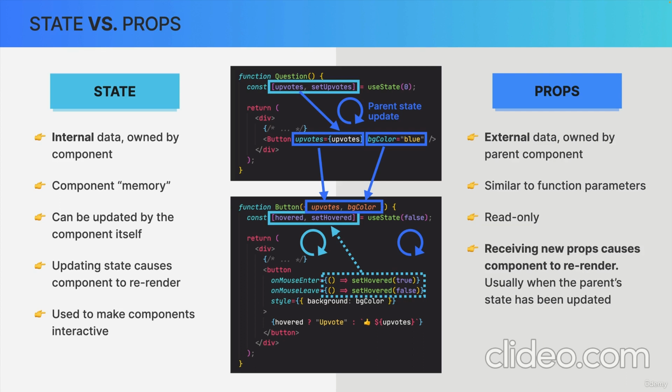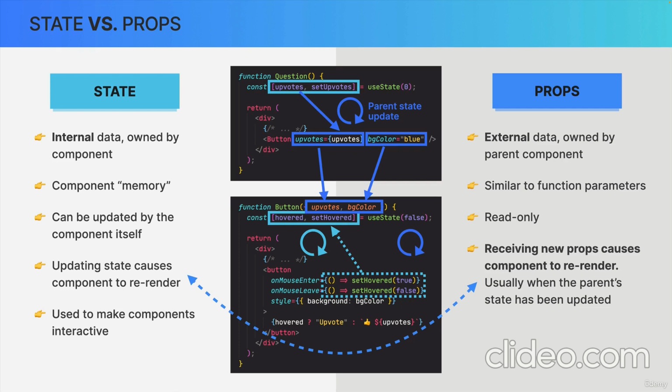So in conclusion, whenever a piece of state is passed as a prop, when that state updates, both components are re-rendered. So both the component owning the state and the component receiving the state as a prop. And so this is a very important connection between state and props that you should keep in mind.